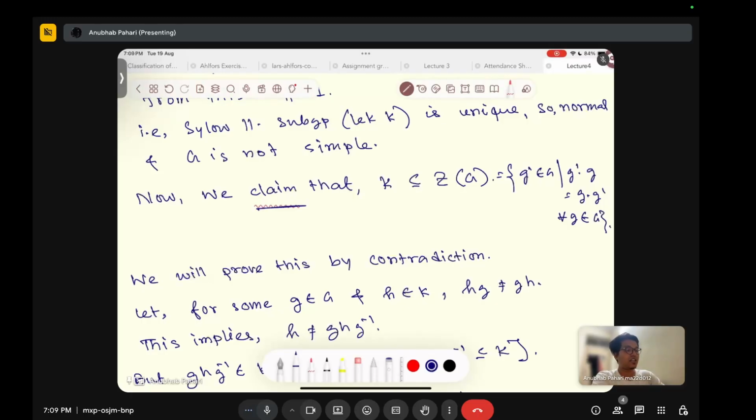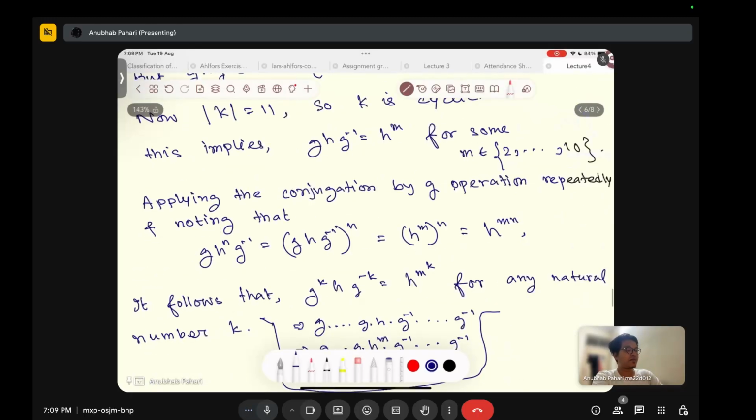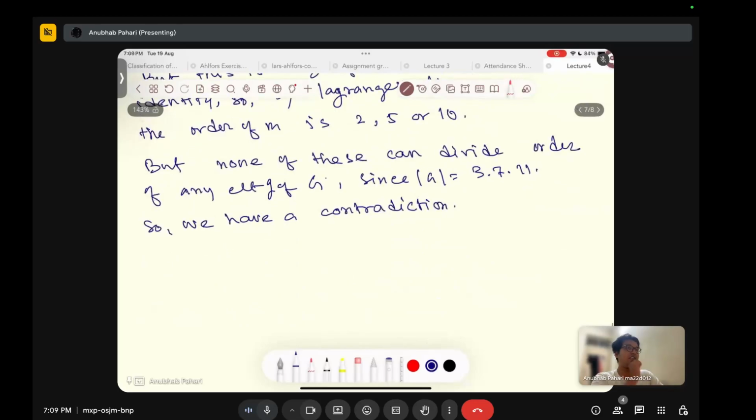That means capital K belongs to the center of G, and this implies that K is nothing but 11.